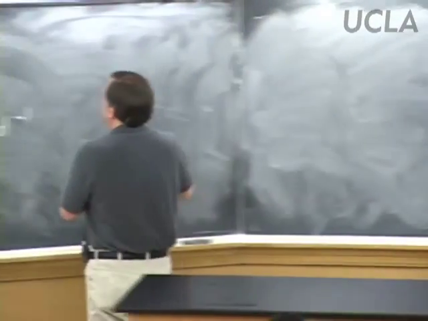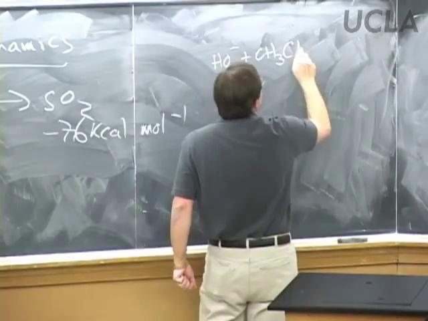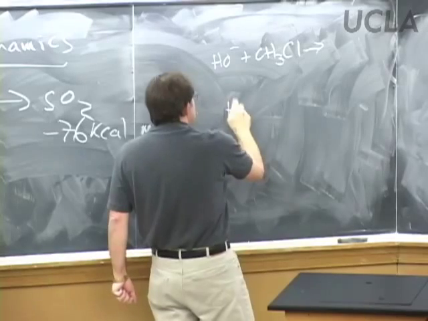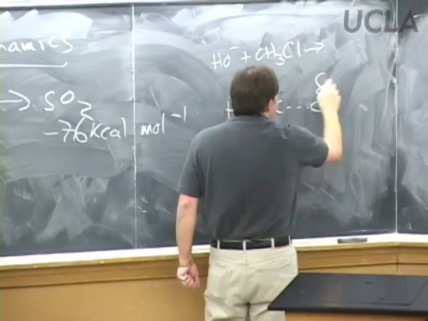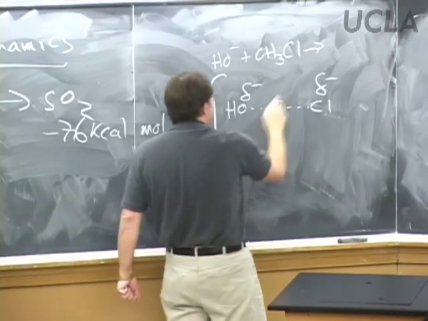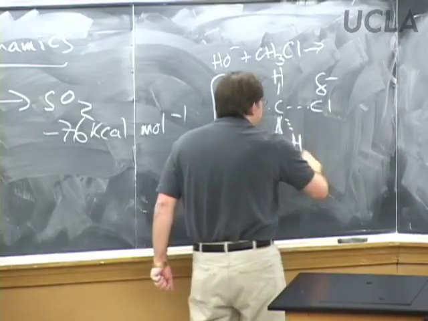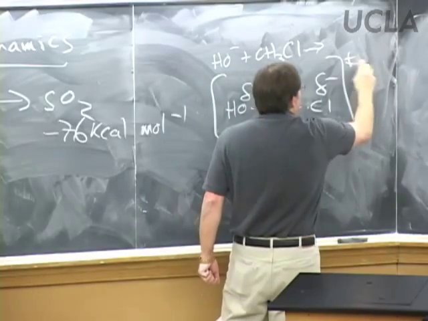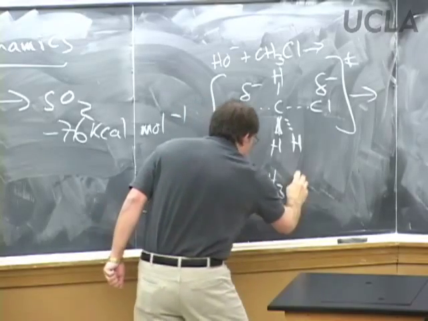So, hydroxide plus methyl chloride. There is that transition state again, the same one you had before, I'm just redrawing it. And that goes on to make methanol plus chloride.